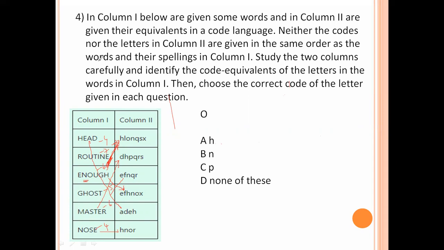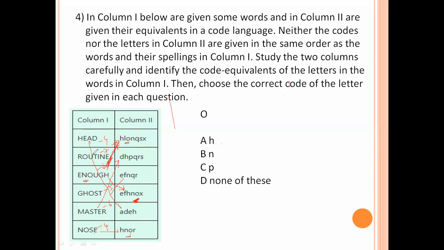Now, here we find all these values. Now, what is the code for O? O here is there, here is there, here is there. In three equations, O is there. One is routine, the corresponding code. For another one, ENF. For another one, NOSC.